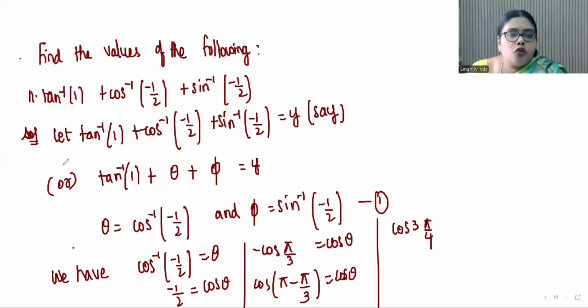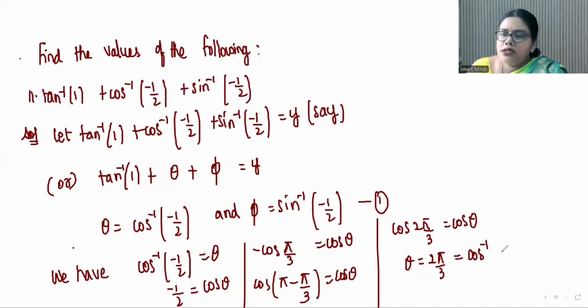So that is 2 pi by 3. Cos 2 pi by 3 equals cos theta, so we got theta as 2 pi by 3, and this is equal to cos inverse of minus 1 by 2. Take this as equation number 2.